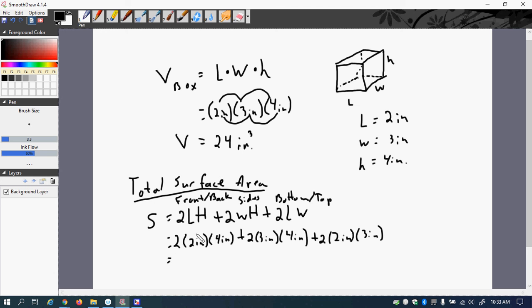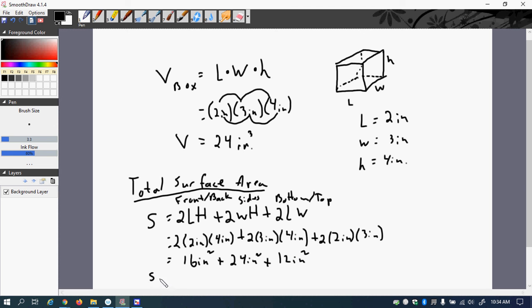Now if we multiply this together, that's 2 times 4, which is 8, times 2 is 16 inches squared. Then 3 times 4 is 12, times 2 is 24 inches squared. And then we have 2 times 3, 6, times 2 is 12 inches squared.